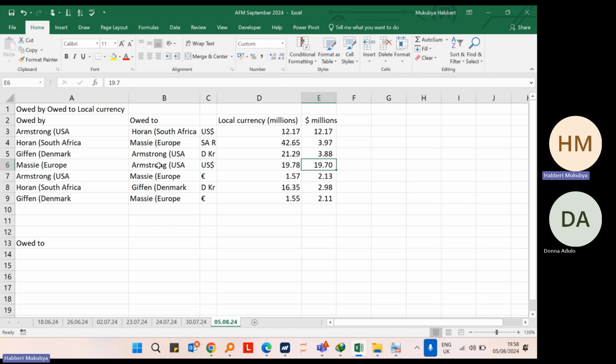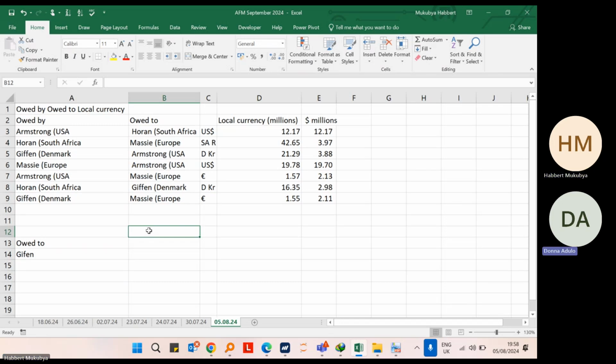Armstrong is the one which is owed the largest amount. But Giffen is the one which is owed 2.98, then followed by Mercy. So Giffen is the one which is owed by Mercy 2.11. So we shall start with Giffen. Giffen needs to know the companies it is owed by.